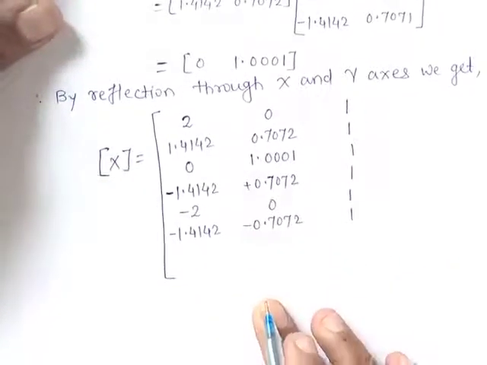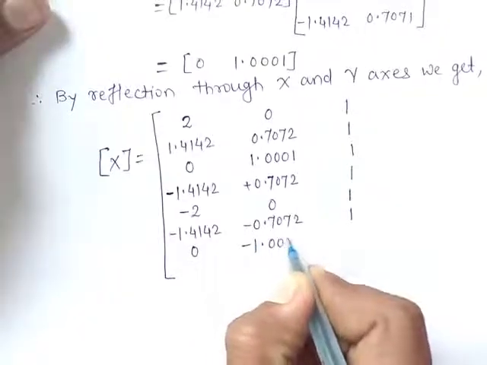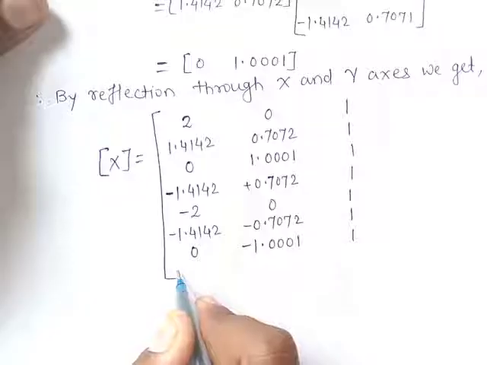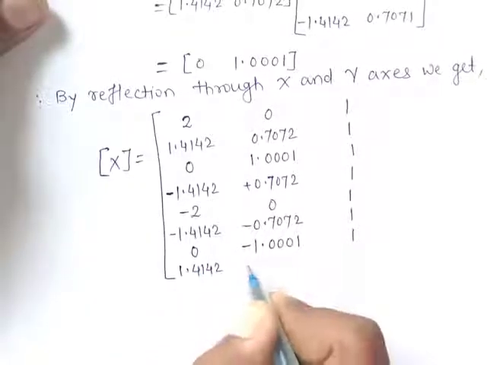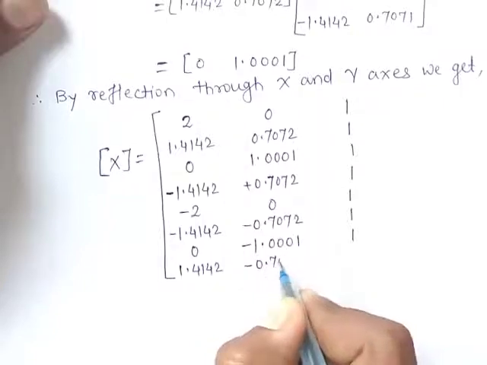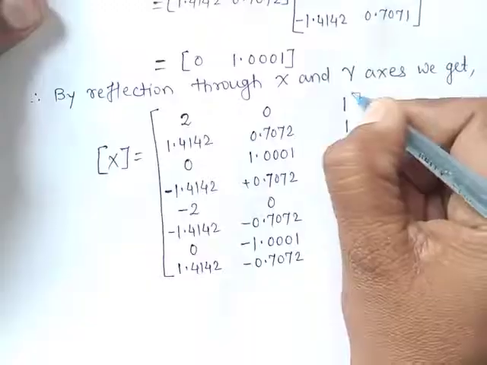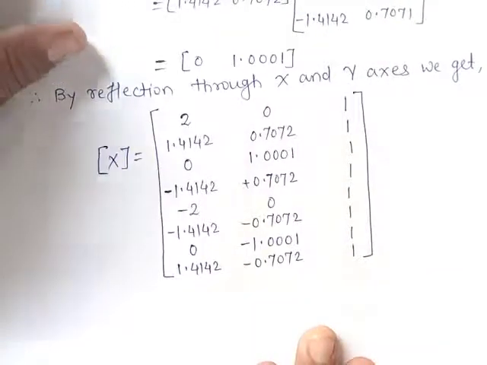Then P7 is 0, minus 1.0001, 1, and P8 is 1.4142, minus 0.7072, 1. As such, we get the position vector matrix X for the standard ellipse here.